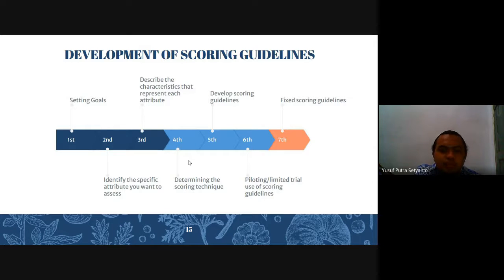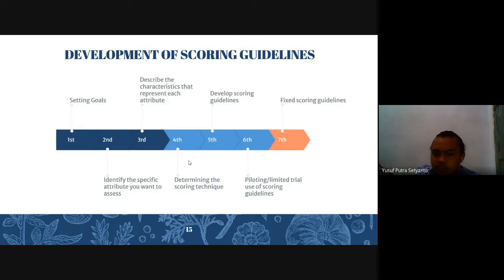It is necessary to identify what aspect will be the focus of the assessment. The third step is to describe the characteristics that represent each attribute. After the attributes to be measured have been clearly identified, the next step is to describe the characteristics. The characteristics will then be the main point of observation in determining the score.